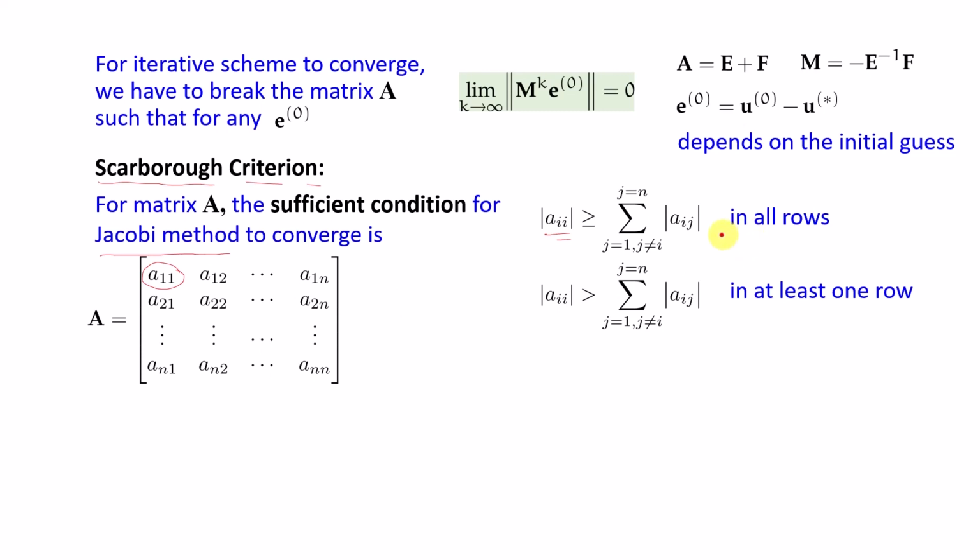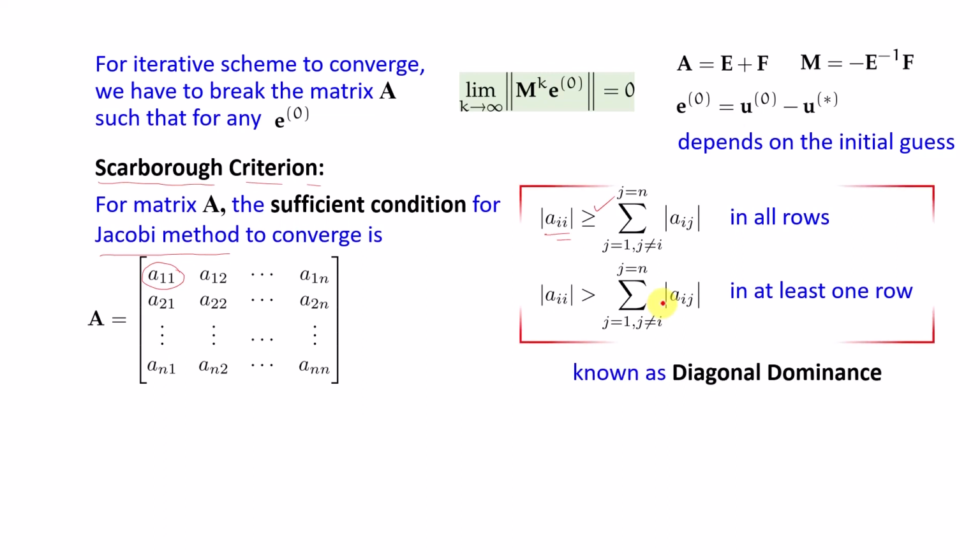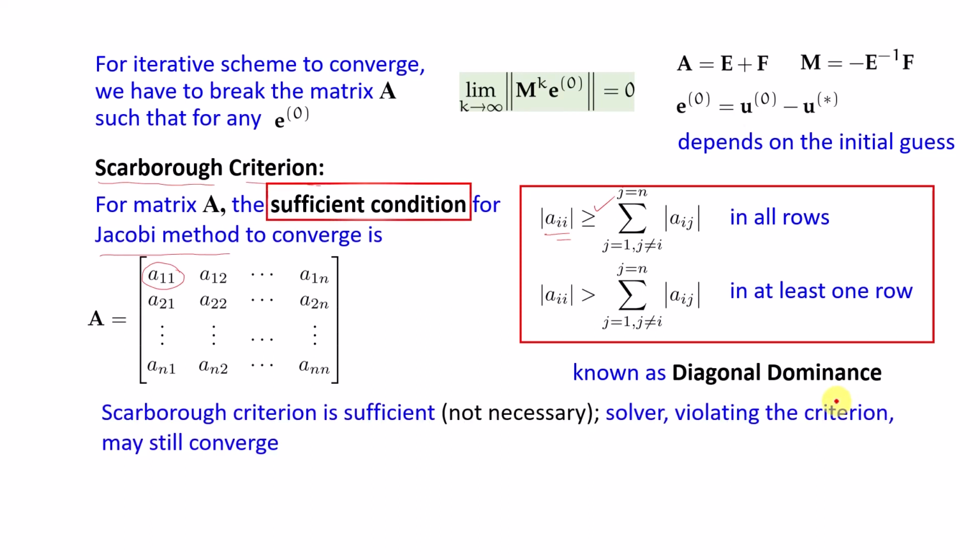And this should be satisfied in all rows, and in at least one row, it should be greater than, not greater than and equal to, it should be greater than the sum of everything else. This is a condition we call diagonal dominance. It basically says that diagonal element is very heavy, it is more than the sum of others. So this condition is called diagonal dominance. If this condition is satisfied, then the Jacobi method will converge.